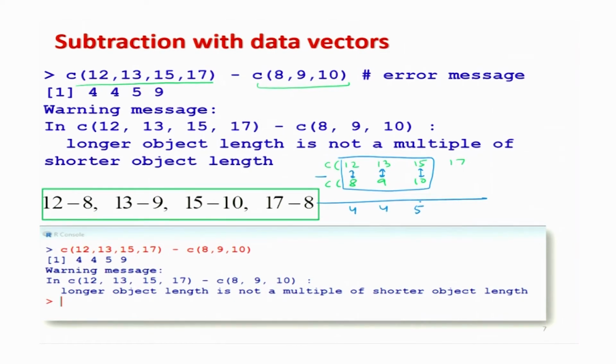Now, after this, when the R software wants to repeat it, the problem is that here we have one value, but in case it repeats here, so this is here 8, but now after this there are two more values here, 9 and 10, but in this case these two values are missing.